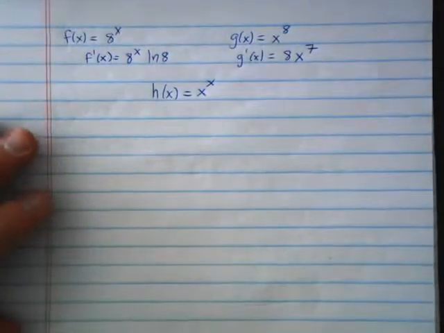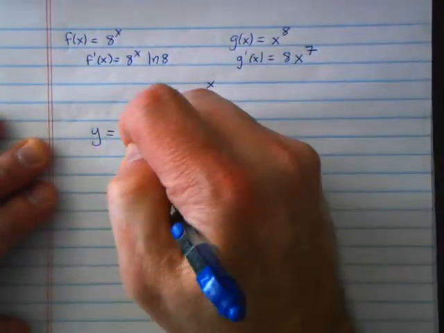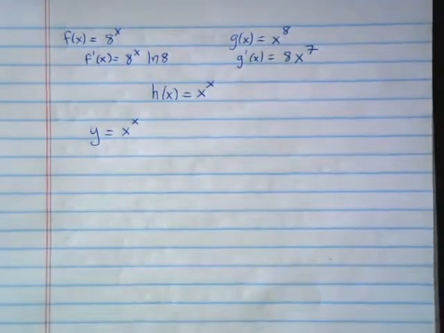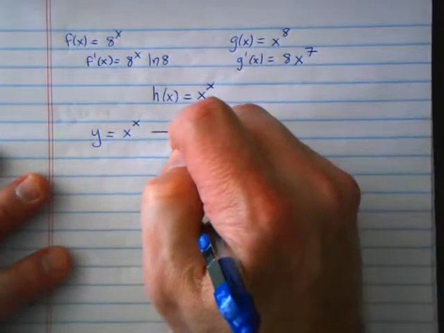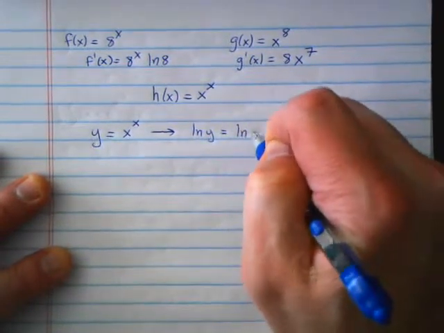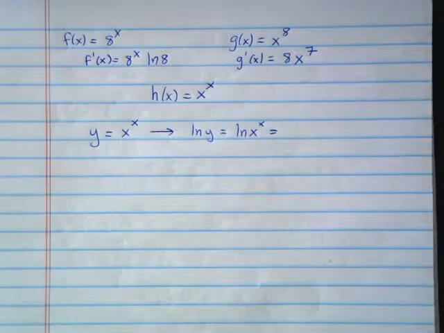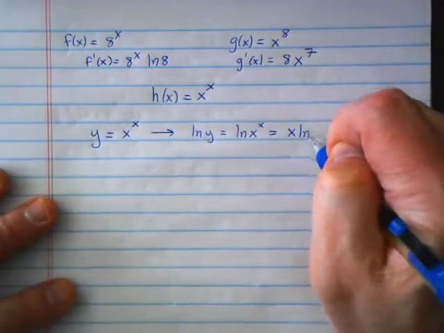Alright, so here's what we're going to do. We're going to use our old friend, well, not so old actually, we just learned this a few sections ago: logarithmic differentiation. So I'm going to write y equals x to the x, and take the ln on both sides. So ln of y equals ln of x to the x, and then on the right hand side I can bring the power down, that's x ln x.